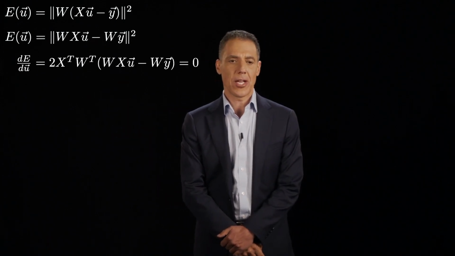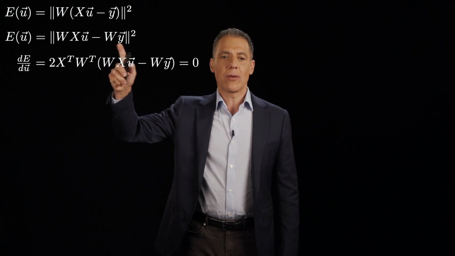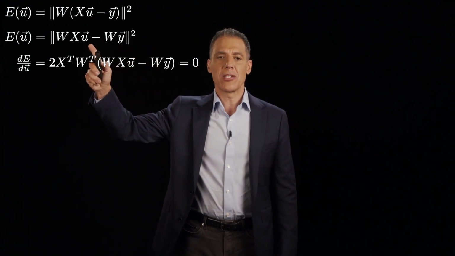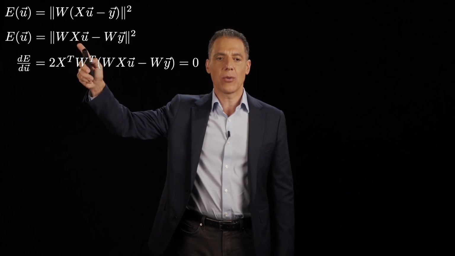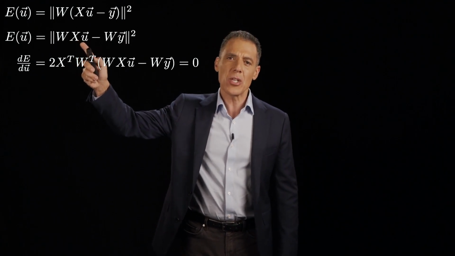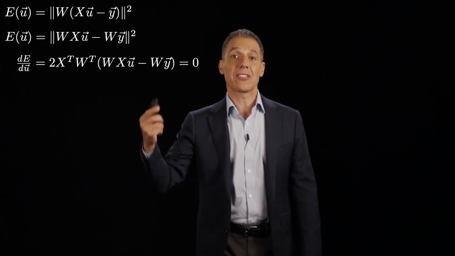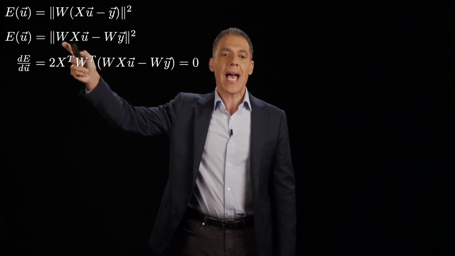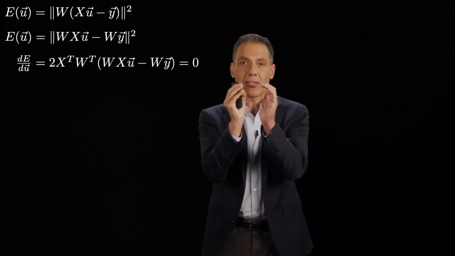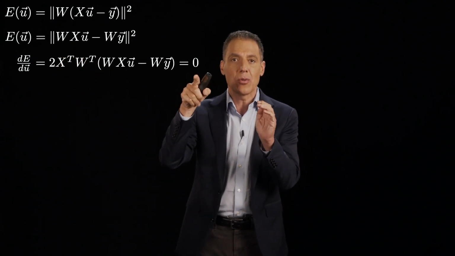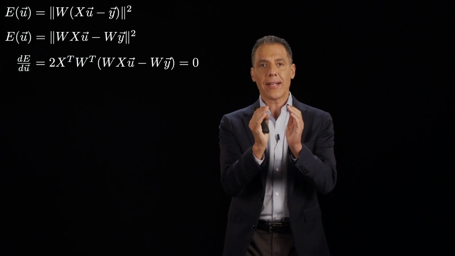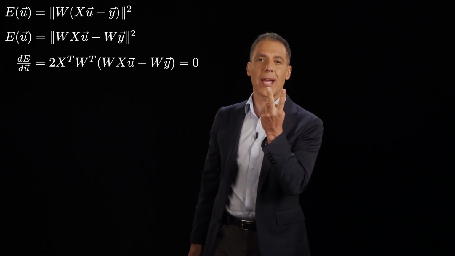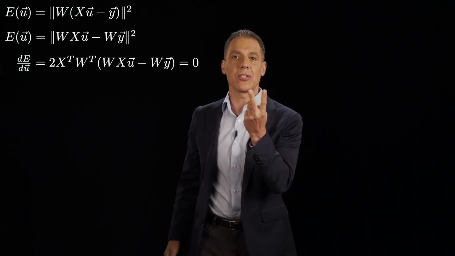All right, let's differentiate. The 2 comes out here as before, and we're, of course, differentiating with respect to u, so this term has to come out. And remember when the W wasn't there, what did we do? We brought out X transpose to make sure that the matrix multiplication works. And now what we have to bring out is WX quantity transpose. And remember that when you have a product of matrices transposed, that is the product of each of the individual matrices transposed, in reverse order.